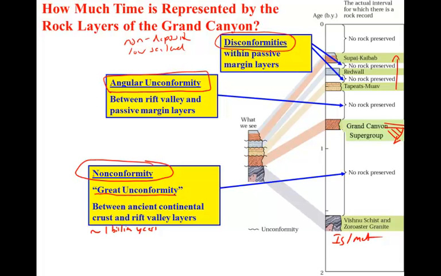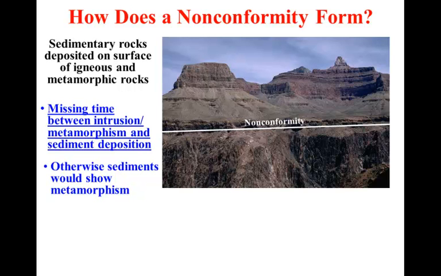At other times, the sea would retreat, the area would find itself above sea level, and rock would generally not be formed as a result. Instead, erosion would occur when the area was above sea level, resulting in erosional surfaces or disconformities within the passive margin sequence.